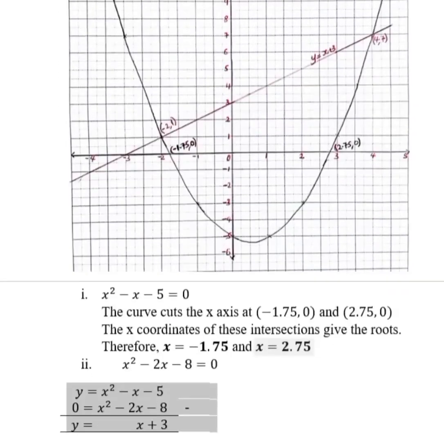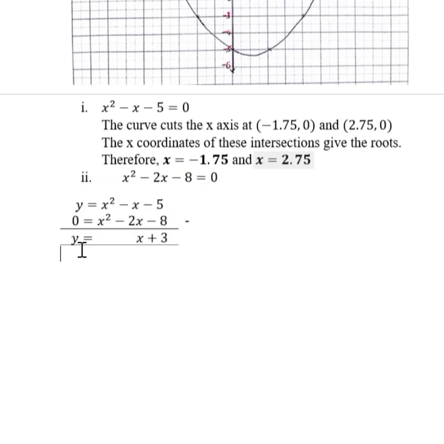So that's what we have done here. You can see the first one is the equation we have used to draw the graph, and the second one is the one we want to solve. On that, I've moved this equal to 0 from this side to this side so that it can enable me to subtract them. So once you have written them like this, you subtract them.